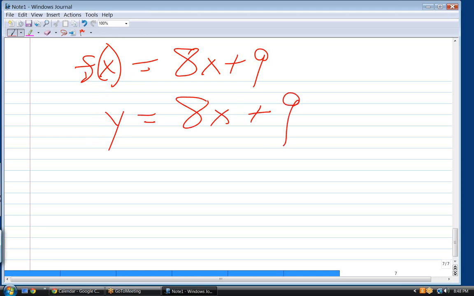It doesn't matter which order you do them in. The order I like to use is switch the variables and solve for y. Those are the 2 things. That's all you have to do. So switch the variables first. What's that give you? x equals 8y plus 9. And now solve that equation for y.